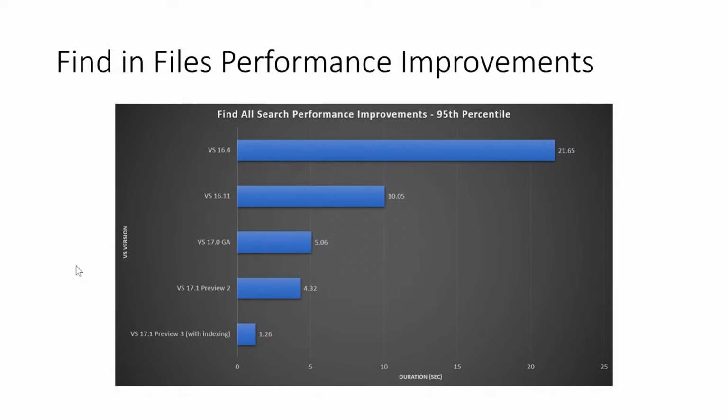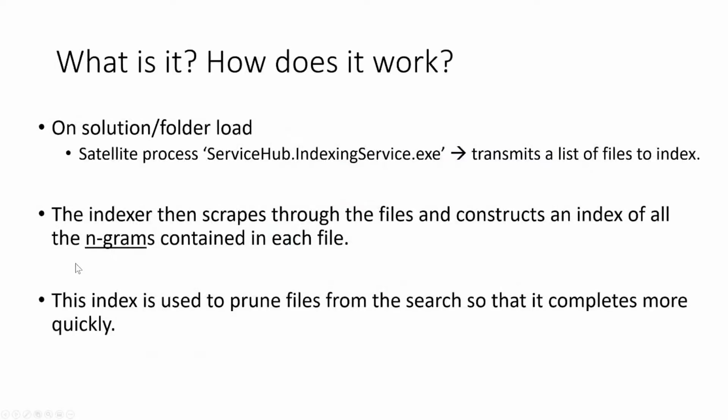So specifically with indexing, right, we want to talk about what is indexing and how does it work. When you're opening up a solution or a folder, Visual Studio will launch a satellite process that you can see in your task manager called the indexing service. And this transmits a list of files to the index.